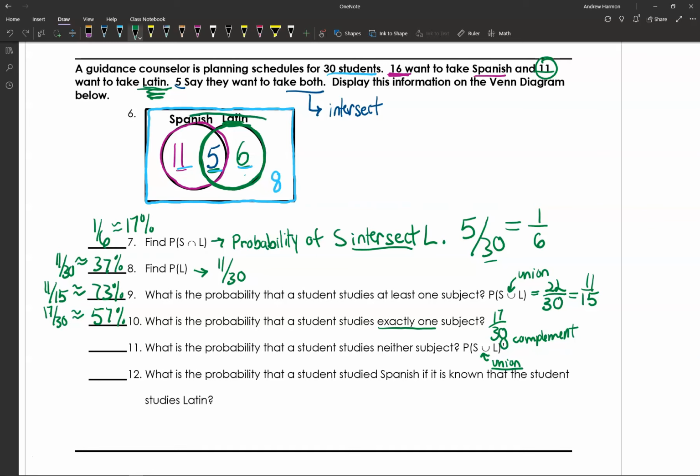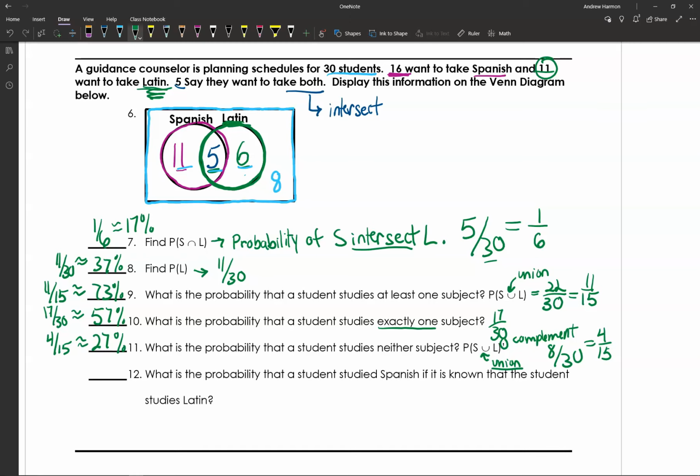So what is not in this whole set, Spanish or Latin. And if we look, that 8 is what is not in that set. So this is 8 out of 30, which would simplify to 4 out of 15. So we can get 4 out of 15, which is approximately 27%.